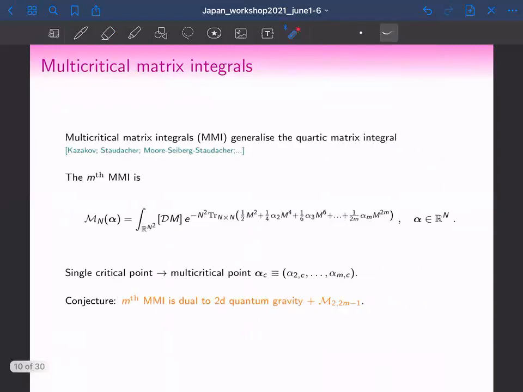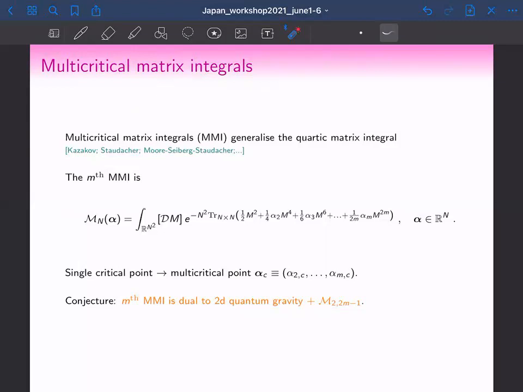Very good. Now, I've been talking about this rather simple, still very beautiful matrix integral, the quartic matrix integral. We can also generalize this matrix integral. Let's not stop at an m to the power 4 term, but let's add other even powers of m.